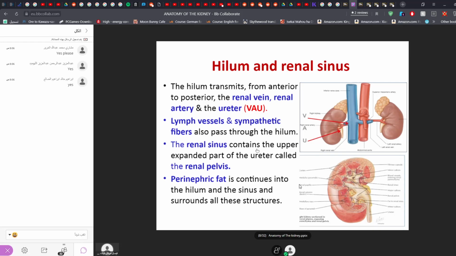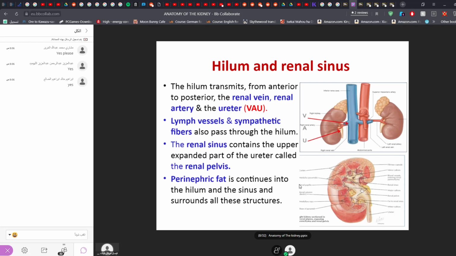Then the renal sinus contains the upper expanded part of the ureter called the renal pelvis. If we go deeper, we see this extended portion of the ureter, the upper expanded part, called the renal pelvis, and it is the excretory passage from the kidney. It lies within this deep structure of the kidney called the renal sinus.